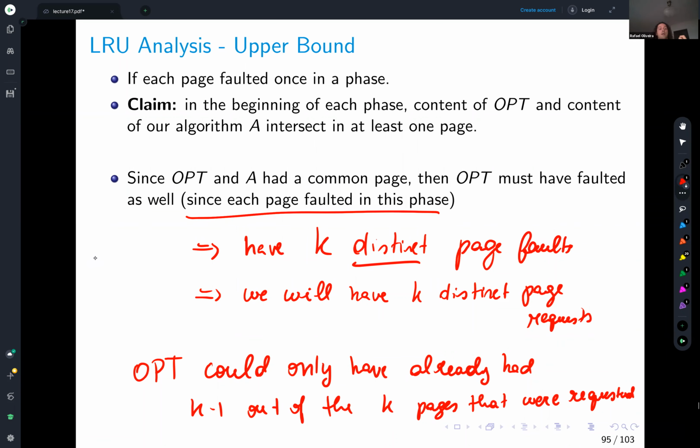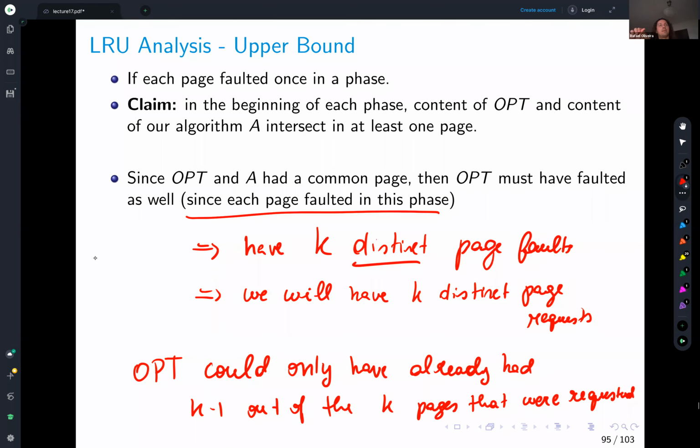Because what is the way? So let's look at each different page. So we have K distinct pages that faulted, right? Like let's say P1 up to PK, right? Those pages are distinct. Now, what is the only way in this phase for opt to not fault? Is that the cache of opt would have to be P1 up to PK.